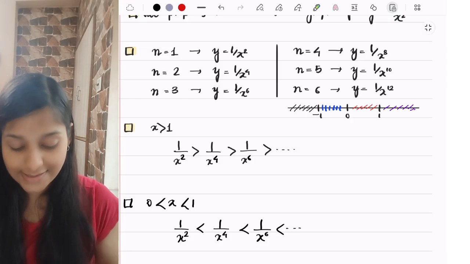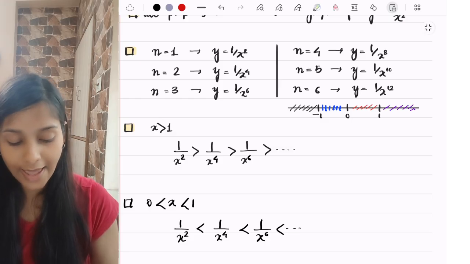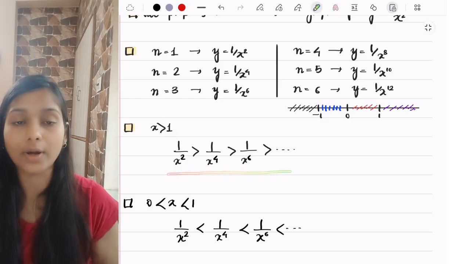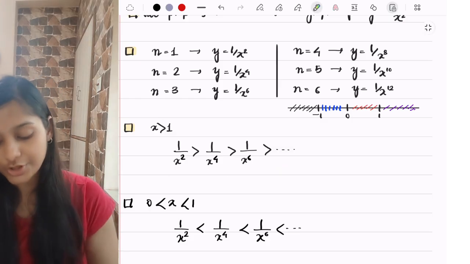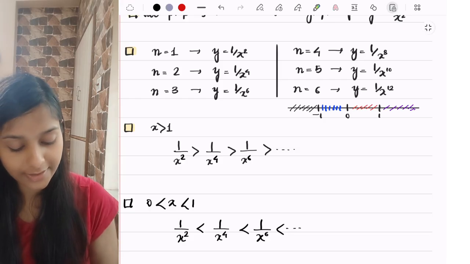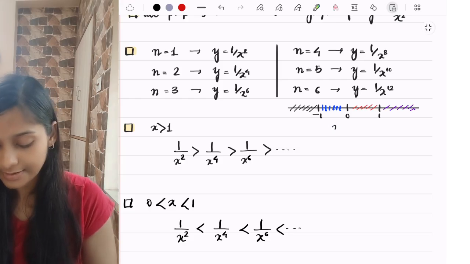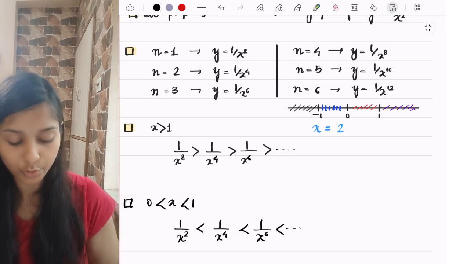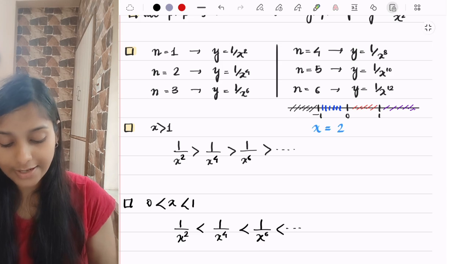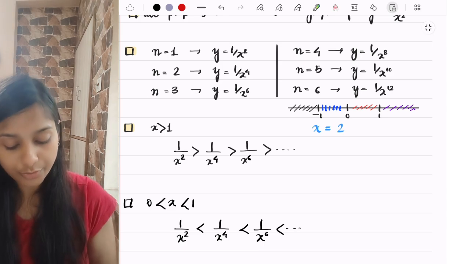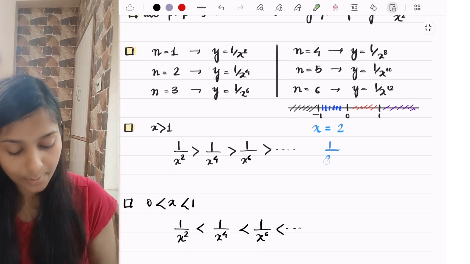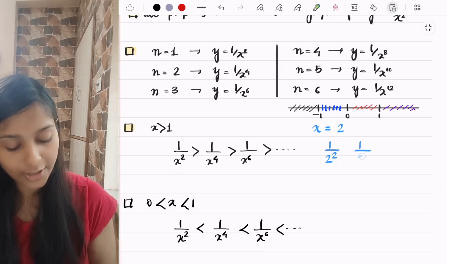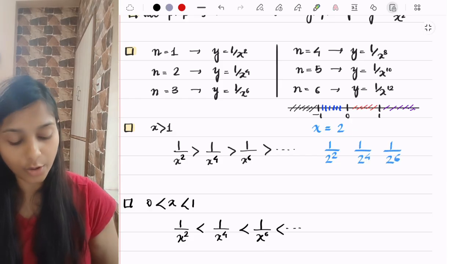Next, for x greater than 1, we have this inequality. Let us check with an example. Suppose we take x equals 2. Here we have all the reciprocals, so we can write 1 by 2 square, 1 by 2 power 4, 1 by 2 power 6 and so on.